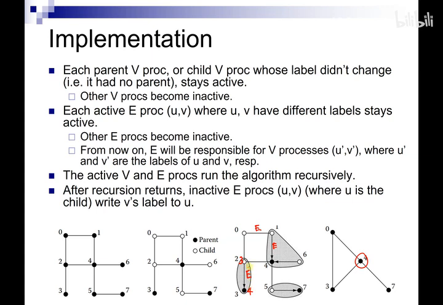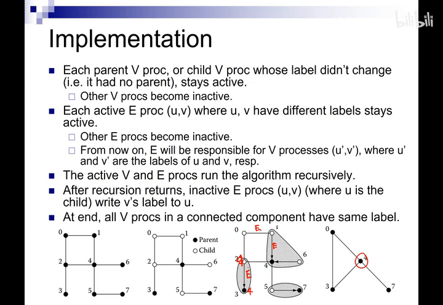So in that case, this edge process here needs to help propagate that 4 label to this vertex, so it needs to change the 3 label to a 4. So after the recursion returns, some of the inactive edge processes need to become active again. At the end of this, all of the vertex processes in the same connected component are going to have the same label.